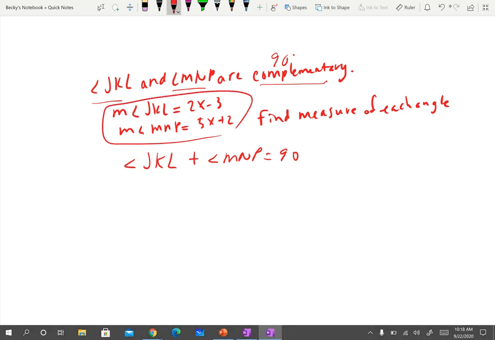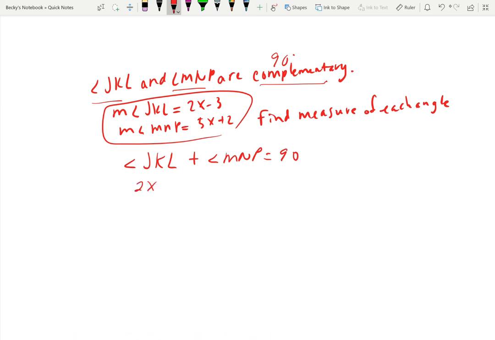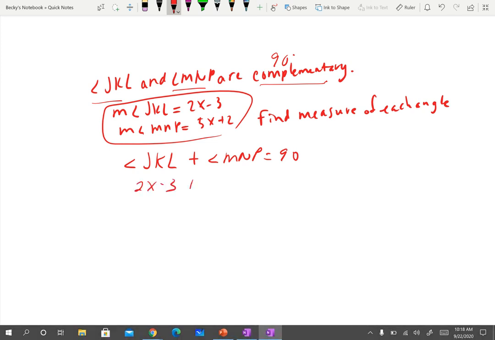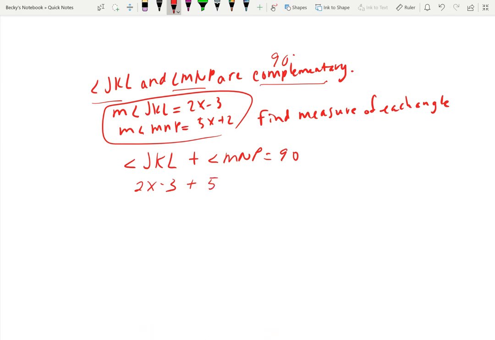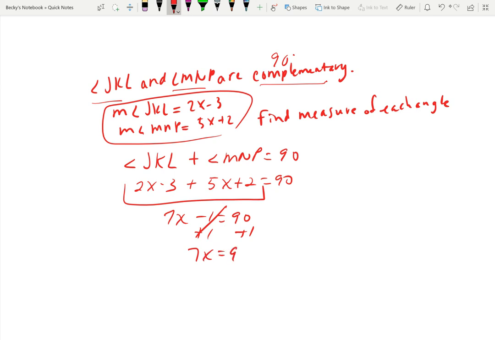So if I take out JKL, I can substitute 2x minus 3. And for the second one, I can substitute 5x plus 2. Now, algebra time. We're going to collect terms together. So 7x minus 1 is 90. Add 1 to the other side. All right, so let's pick up a calculator. 91 divided by 7 is 13.